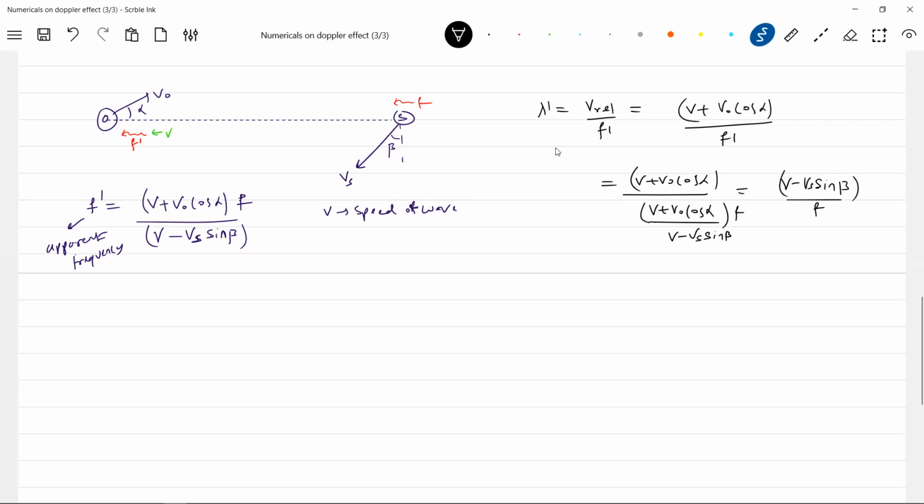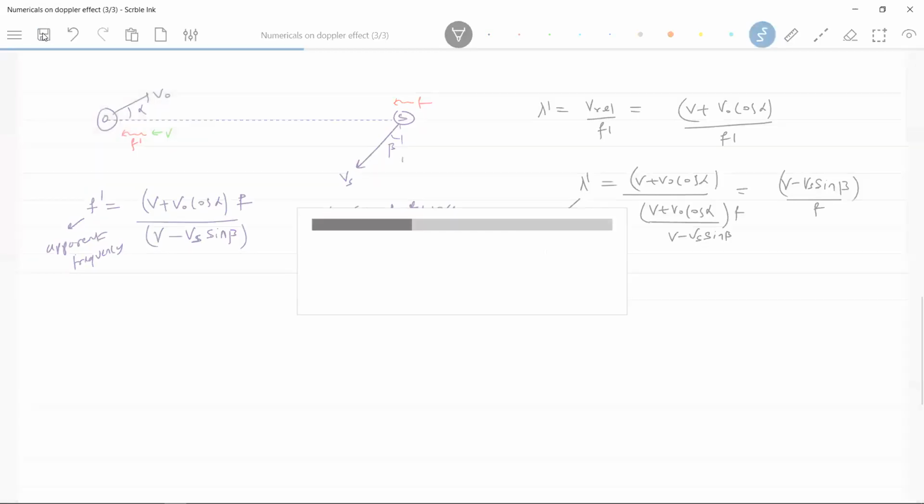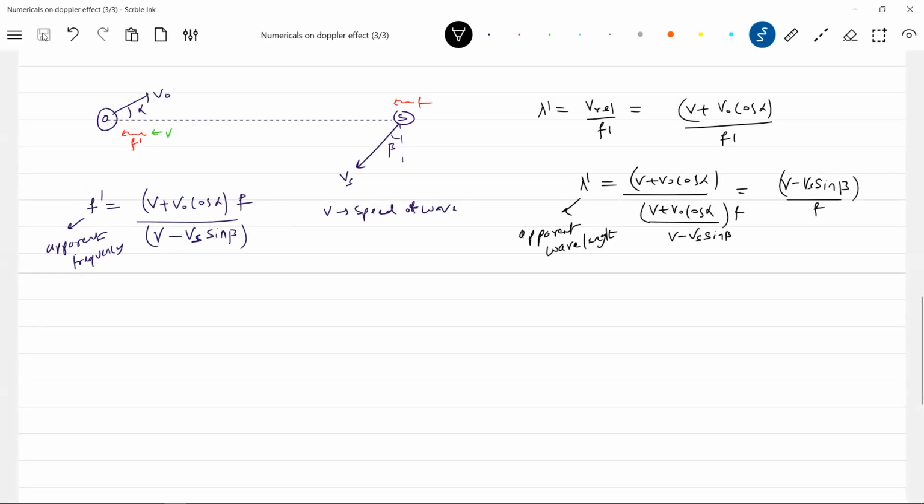Okay, this is the apparent wavelength, or wavelength of the waves received by the observer. Very simple idea. Not only when moving in the same direction, but moving in any arbitrary direction also, we can bring in the concept of this apparent wavelength.